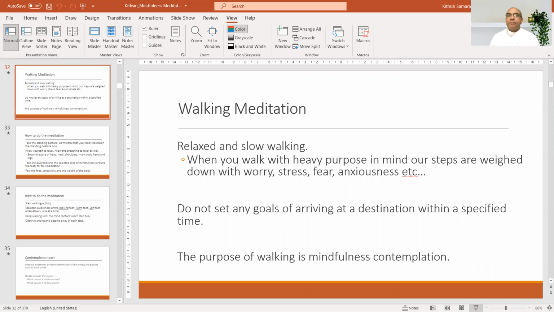But initially awareness of which foot is moving will be enough. So when the right foot is going forward, you just become aware, okay, my right foot is moving. Then when the left foot starts moving, you become aware it is the left foot moving now.